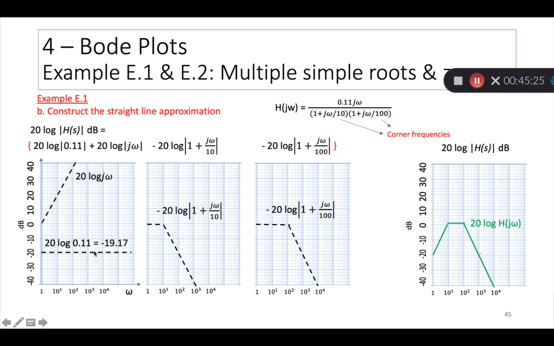I think you understand that. The next is 20 log j omega, which means at omega equals 1, if you substitute omega equals 1 in this and you take the absolute value, you will get a starting point at 0, because log of 1 is 0.